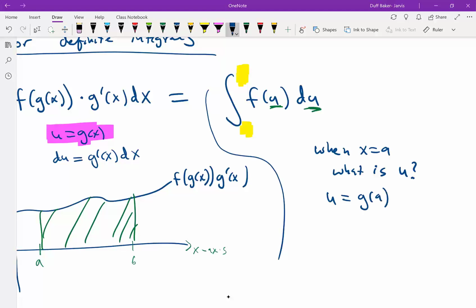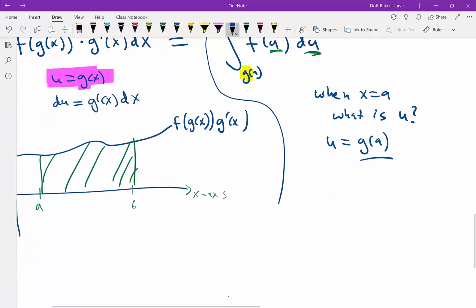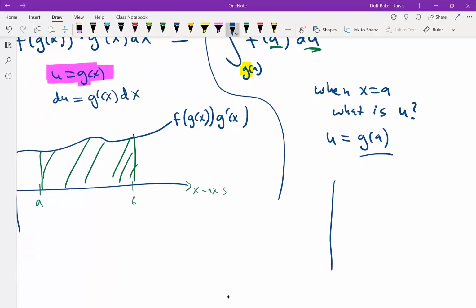You would plug that into your g, because u is g of x. So your starting place, instead of being a, is really g of a, and your ending is really g of b. It's because you did this change of variables, this substitution, that you have to change the bounds, because now you're talking about an area under a different function. This function is going to look different. Who knows what it looks like? It's just f of u.